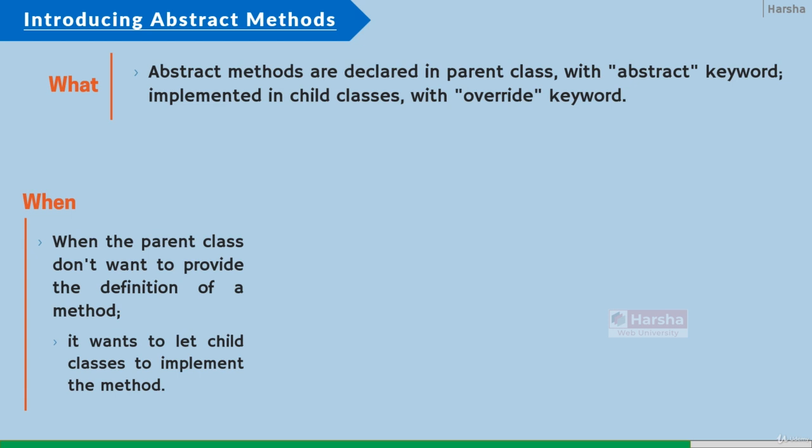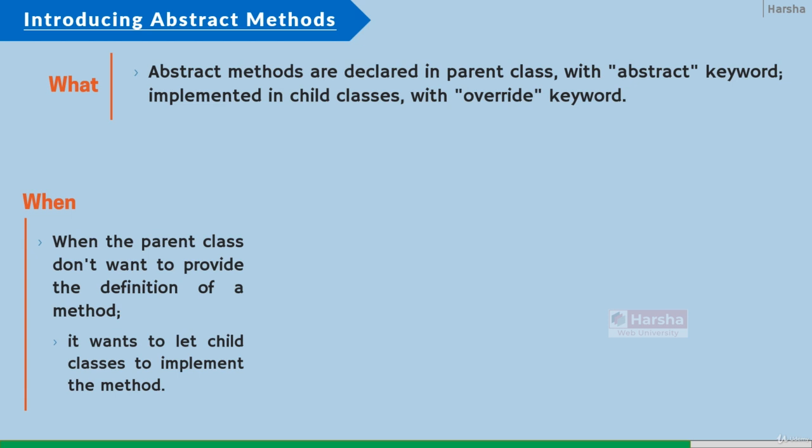Because generally savings accounts are used by individuals and current accounts are used by business organizations. So the interest calculation process is different between savings account and current account. So there is a necessity of writing the definition of the interest calculation method in the savings account and current account individually.